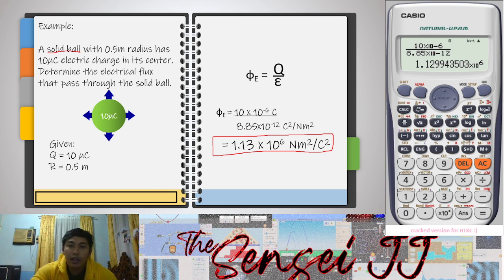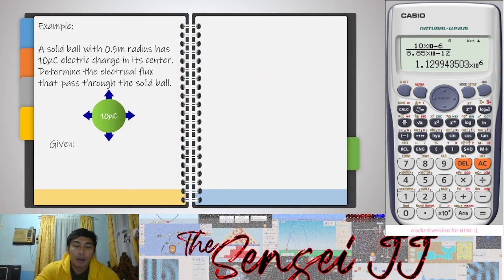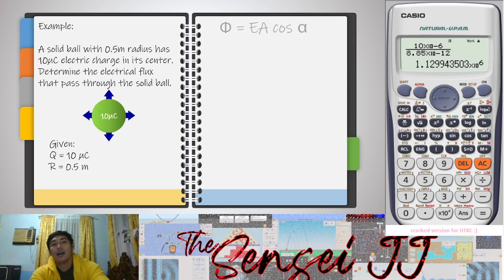So now, let's proceed naman dun sa mahaba. Okay, so kung trip mong maging martir, papakabayani ka. Kung magpapakabayani ka, use this formula. Phi E is equivalent to electric field times area cosine alpha.